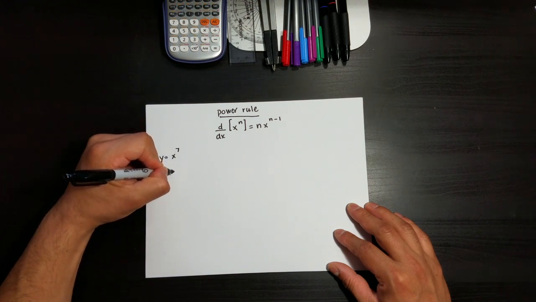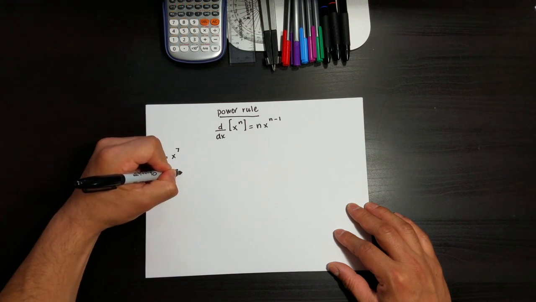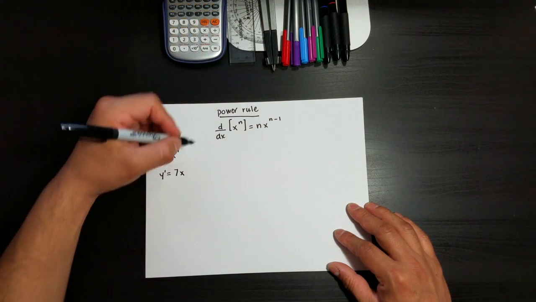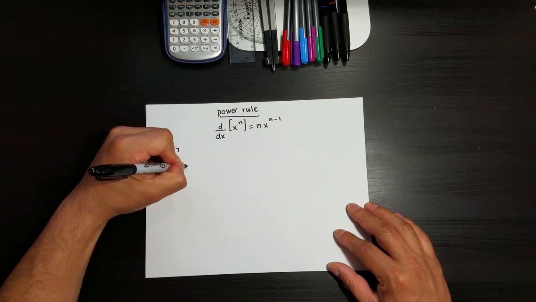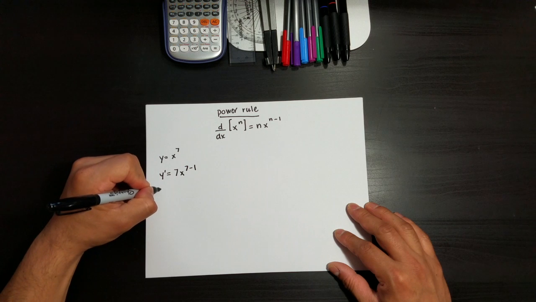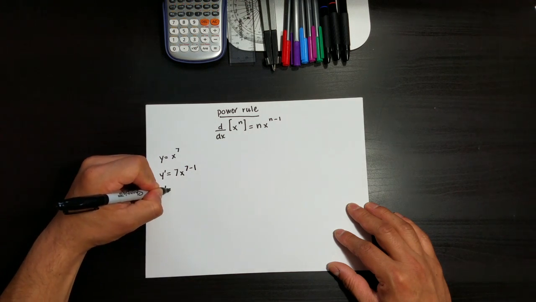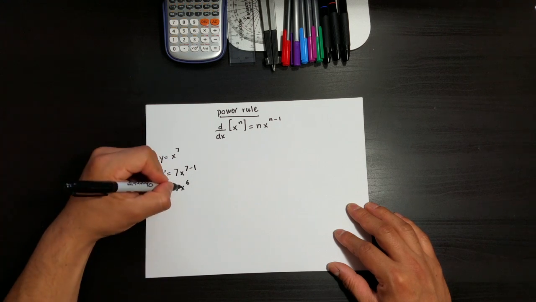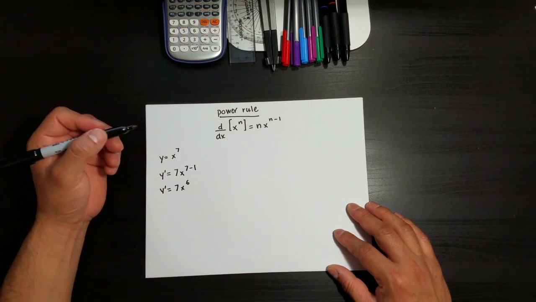So we have to do that first. 7, we rewrite x. And for the power, it says n minus 1. So what does that mean? What you're going to do is take 1 away from 7. So once you rewrite it and simplify it, you end up with 7x to the power of 6.